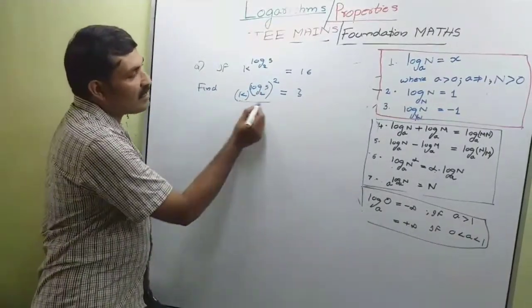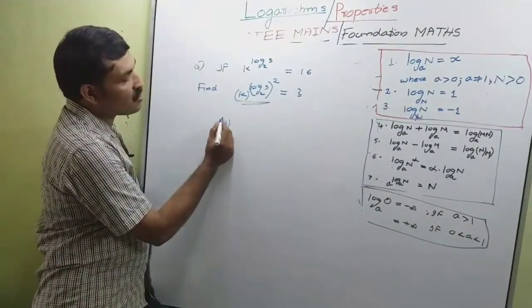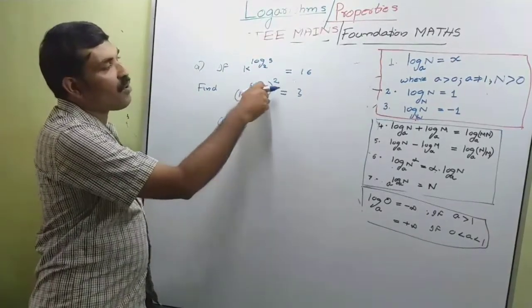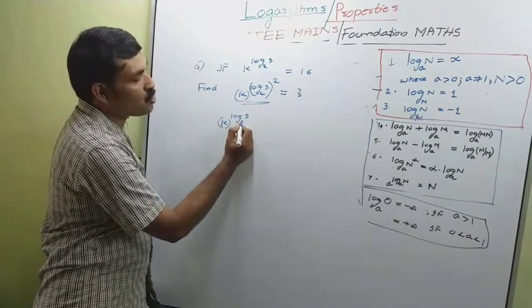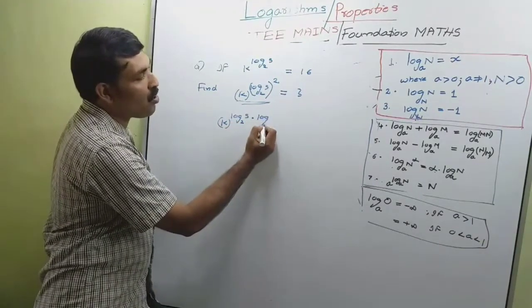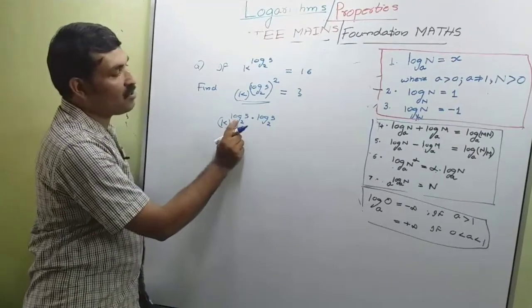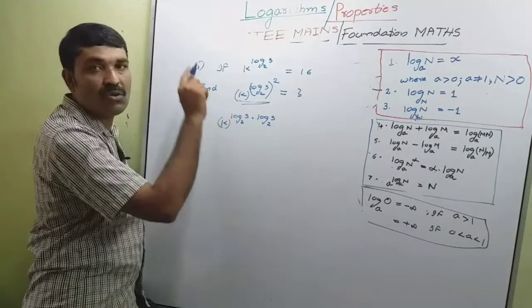We can write this as k raised to log 2 of 5 whole square. So this term can be written as log 5 to the base 2 into log 5 to the base 2. So that is equal to log 5 to the base 2 the whole square.